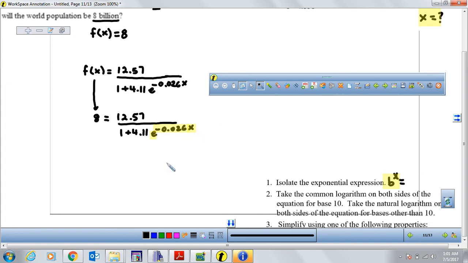First, we need to move it to the numerator, and in order to do that, we need to multiply that denominator on both sides of the equation. So the 1 plus 4.11 times e raised to the negative 0.026x needs to be multiplied on both sides.